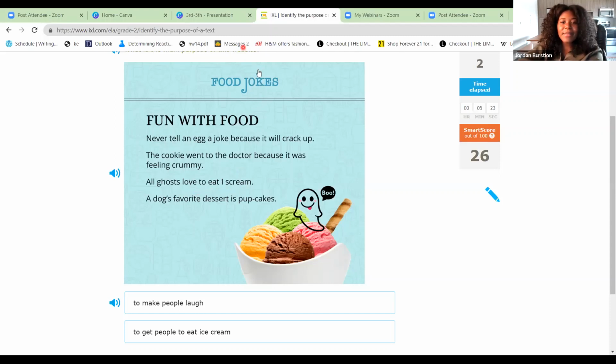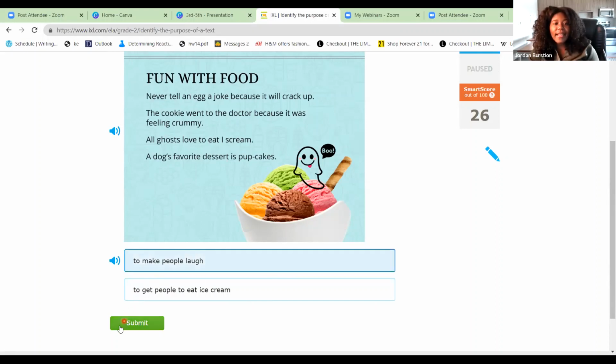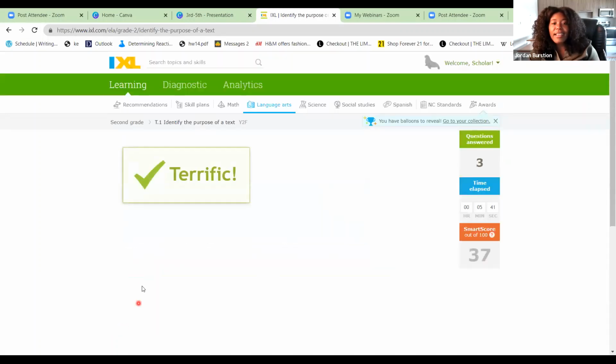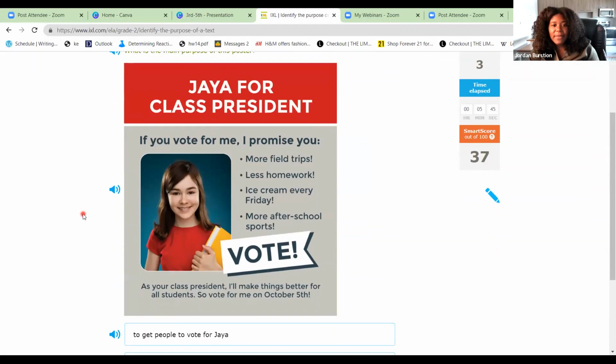I see you typed something. So did the person make this flyer to get people to eat ice cream or just to make people laugh? One, to make people laugh. All right. I'm sure you could think of some really funny jokes to make people laugh.